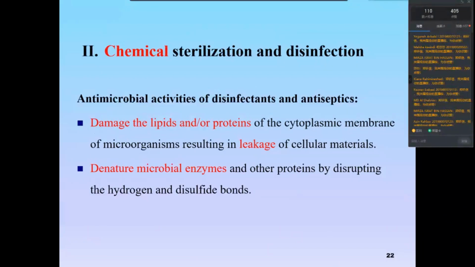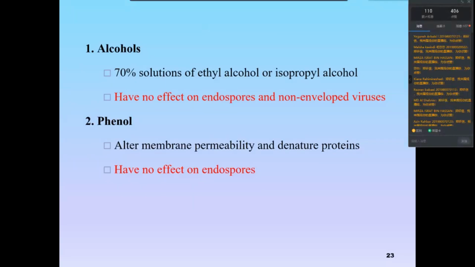After folding, there might be hydrogen bonds or disulfide bonds in the protein molecule to keep the molecule in the native form so that the protein can function. But some chemicals can denature these protein molecules. They can disrupt these bonds so that the protein will be denatured. So this is another way.